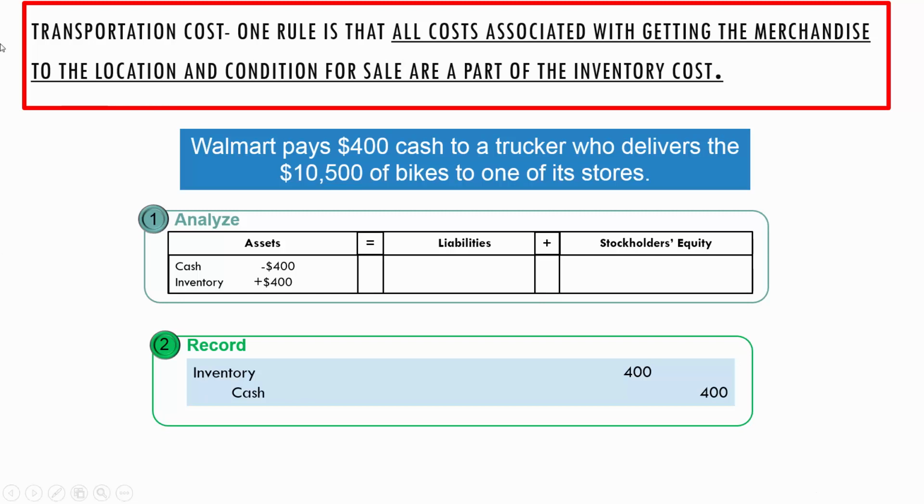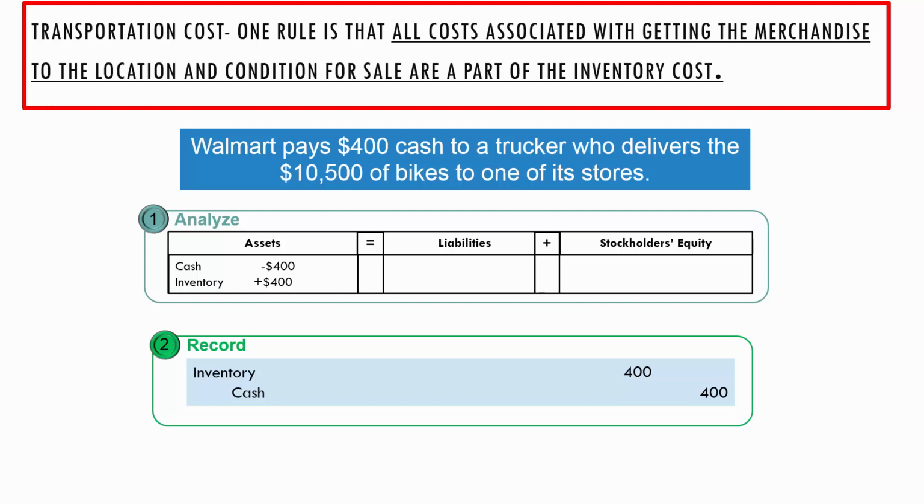So, to repeat what I just said a moment ago, the rule is that all costs associated with getting the merchandise to the location and condition for sale become a part of inventory costs. Another example for you is, what if it were a dress shop, and what if merchandise was brought in that had wrinkles, it needed to be ironed, or it was soiled, it was not clean, but yet it was sellable, just wasn't in a sellable condition at this point in time, it needed to be fixed or refurbished.